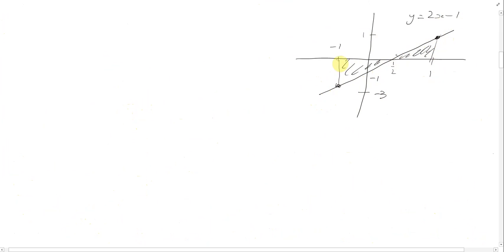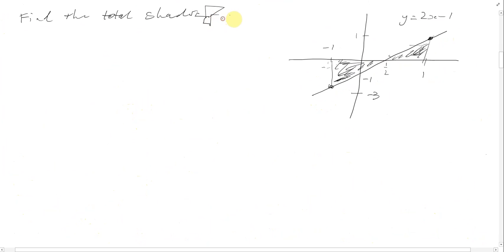Okay, and let's say that this question is finding the total area shaded. Find the total shaded area.